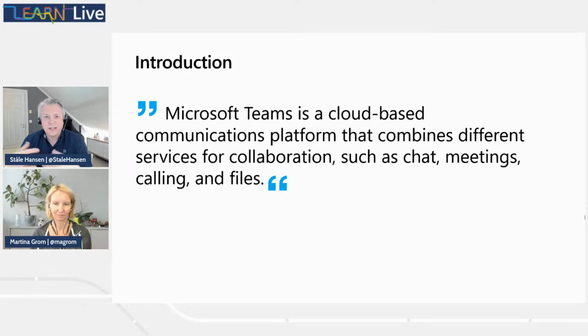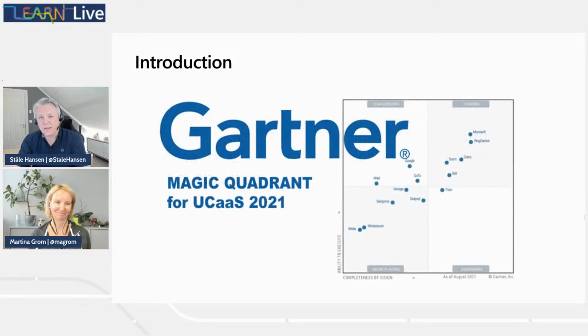And it brings me to the Gartner Magic Quadrant. I just want to mention that. They do a review of different technologies every year. And they have one for UC as a service, unified communication as a service, because this set of features falls into that category.